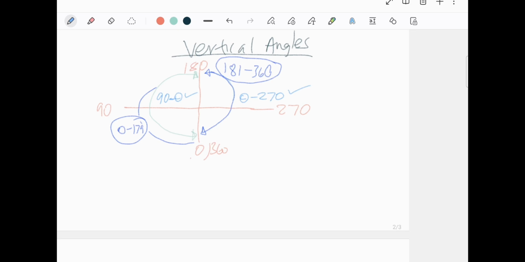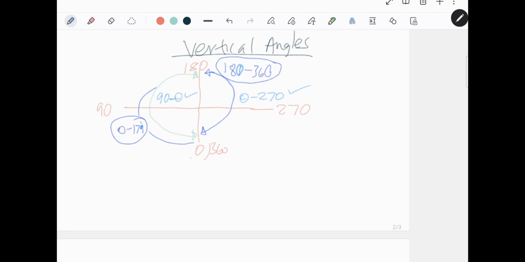Let me not say 180. Let's just say 180, not 181, because it can be 180 and some seconds, which is 180, 99 something. So it's 180 to 360.